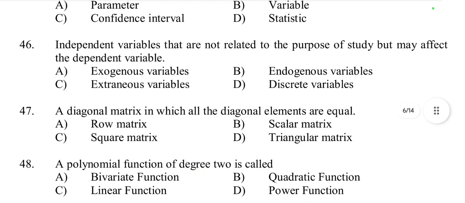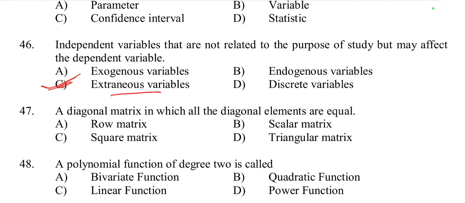Then question number 46. Independent variables that are not related to the purpose of study but may affect the dependent variable: exogenous variable, endogenous variable, extraneous variable or discrete variable. It is called extraneous variable, not exogenous, it is extraneous.